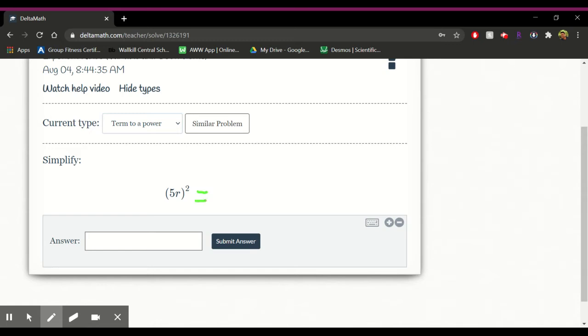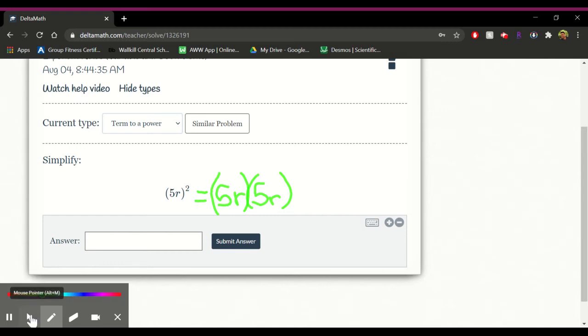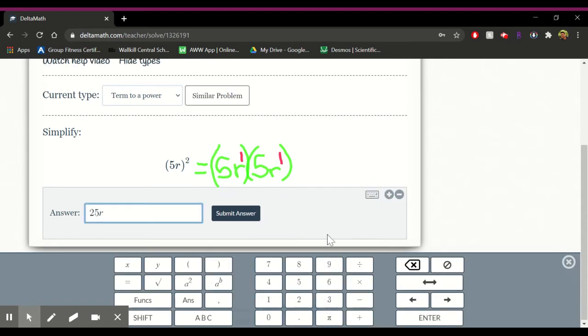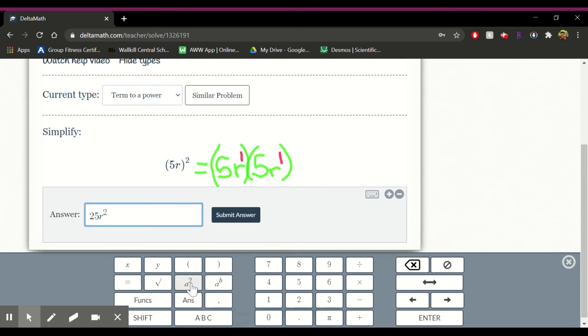So that's going to equal 5r times 5r, which is 5 times 5 is 25. R times r, right? Keep the base, but you add the exponents. Remember, 1 and 1. 1 plus 1 is 2. So we go to the second power.